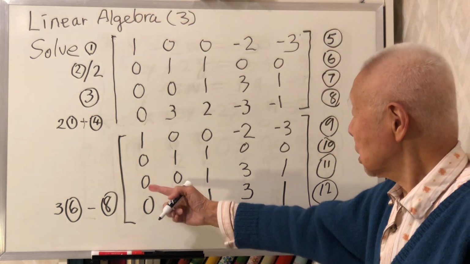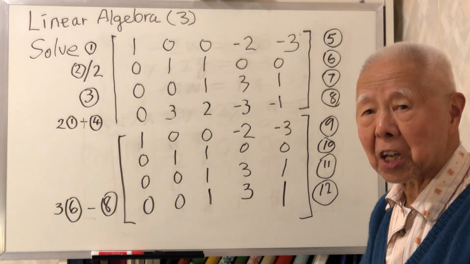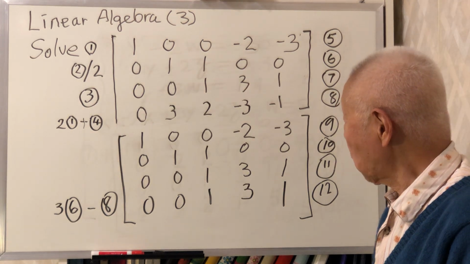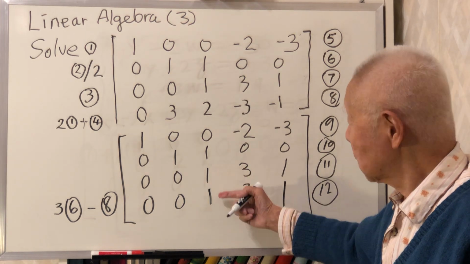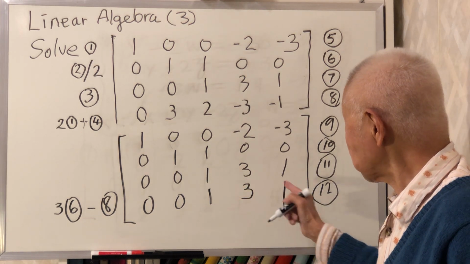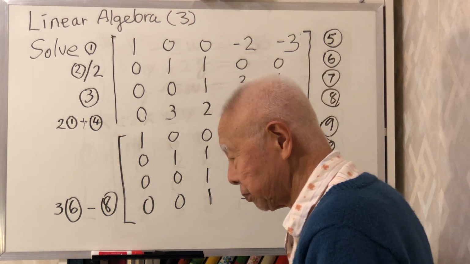Notice that this row and this row are exactly the same. So if I subtract these two, I get 0 here, 0 here, 0 here. So that's what I'm going to do next.